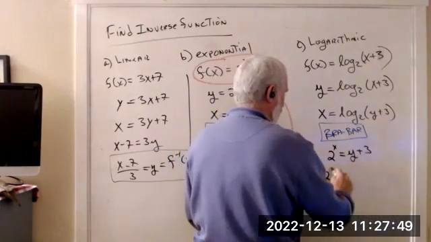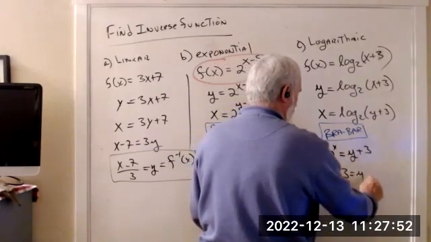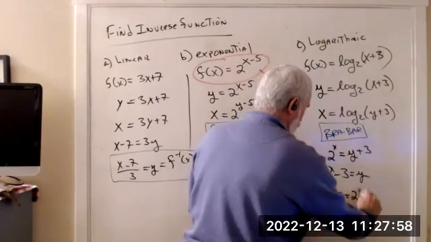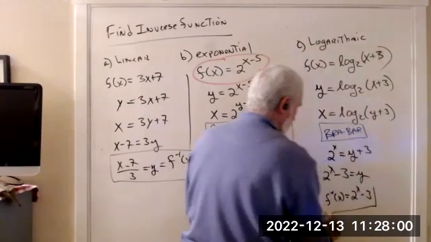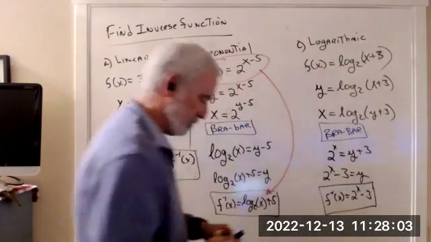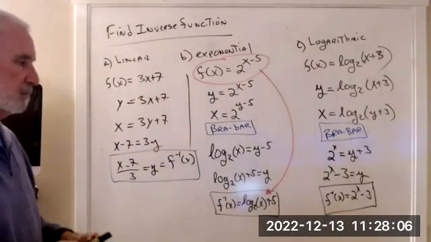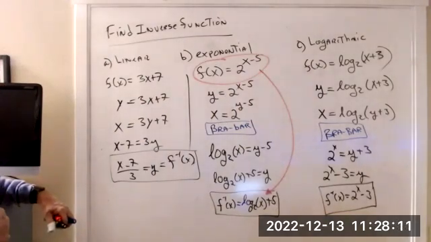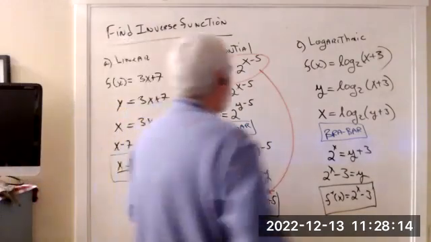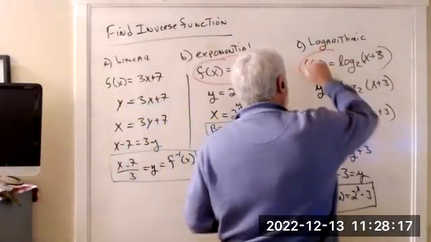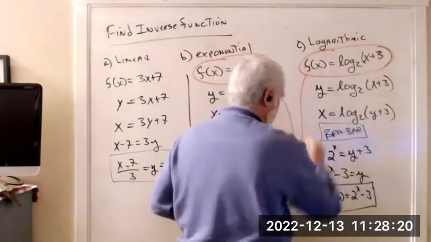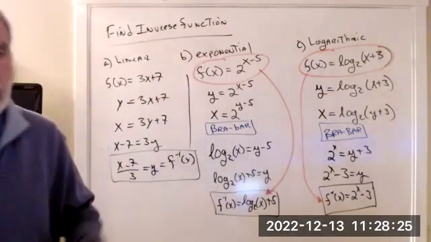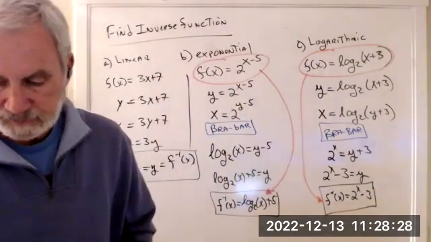Subtract the 3, so 2 to the x minus 3 equals y, or we say f inverse of x is 2 to the x power minus 3, and that would be the final answer. So again, if we start with a logarithmic function, its inverse will be an exponential. That's like an automatic. Yeah.